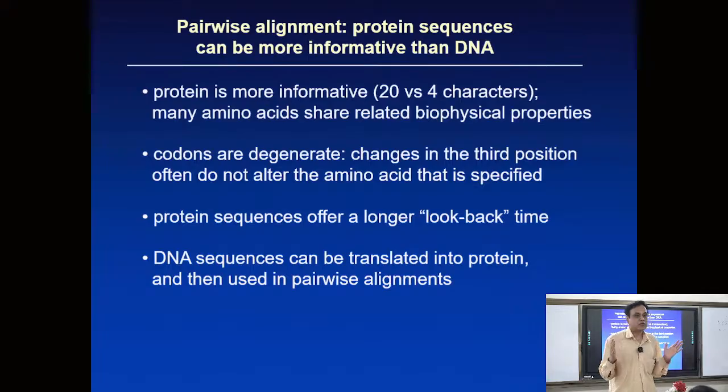So, how many amino acids are there? 20 standard amino acids. And so, you can think of protein as a polymer derived from an alphabet of 20 letters, while DNA is a polymer derived from an alphabet of 4 letters.